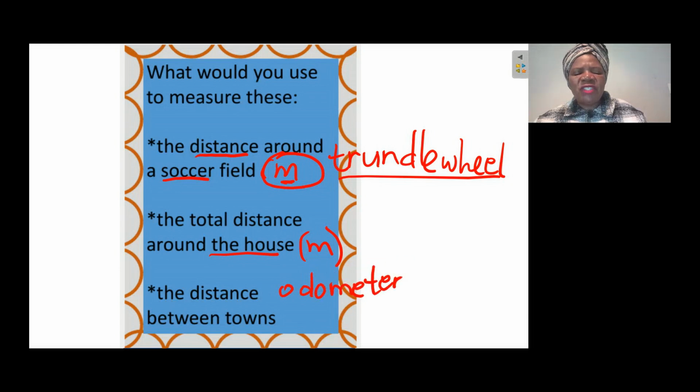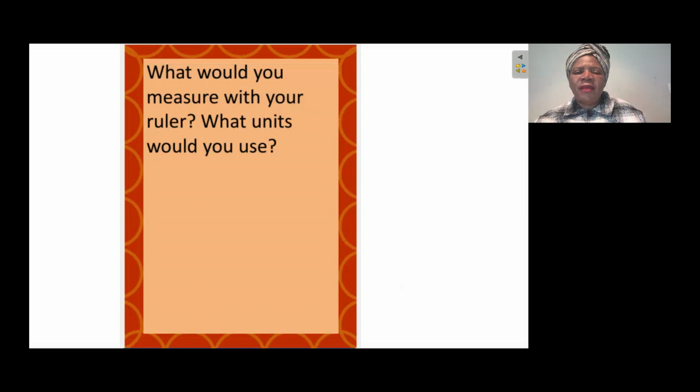You can't use a small ruler, a meter stick, or a Trundle wheel. It will take too much time, so it's better to use the odometer between towns, because it is quite a distance far.